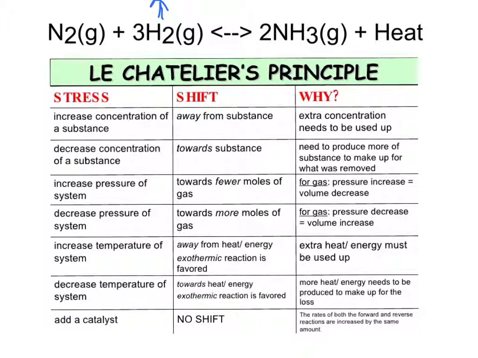So now we're coming towards this side. We're going to break down some of the ammonia back into H2 that we're pulling away. And so the shift is going to be back towards the thing that we're removing, because we need to produce more substance to make up for what was removed.